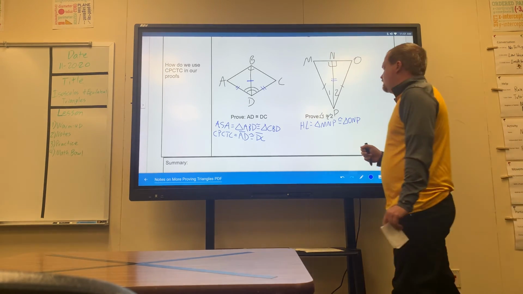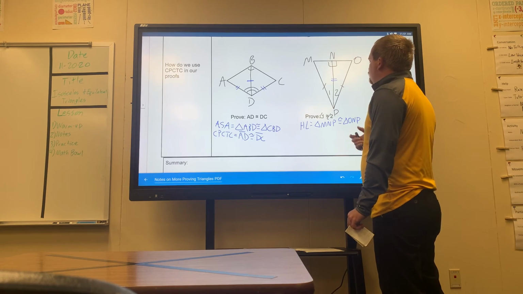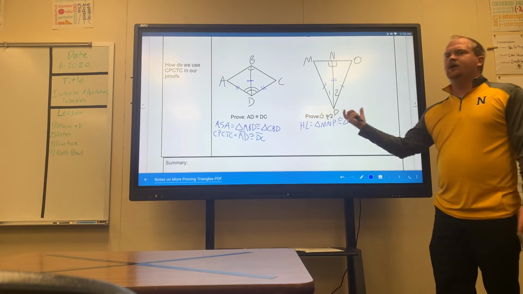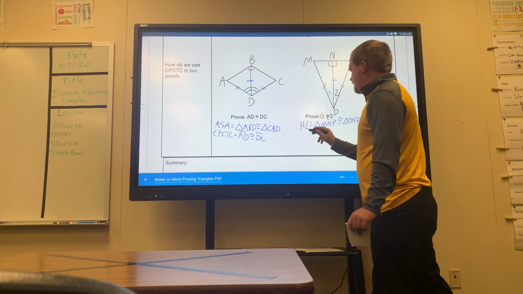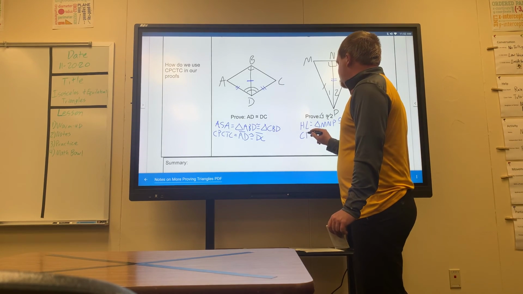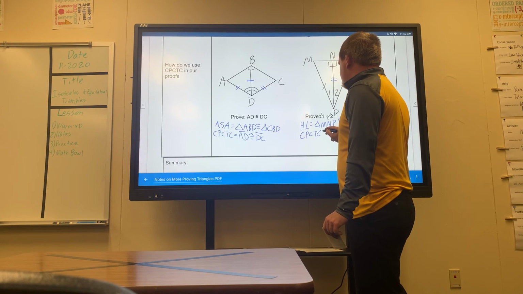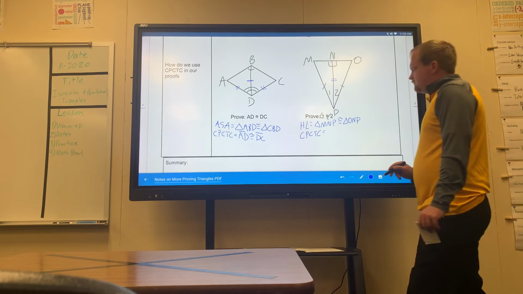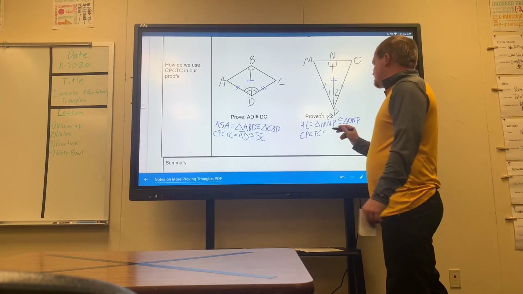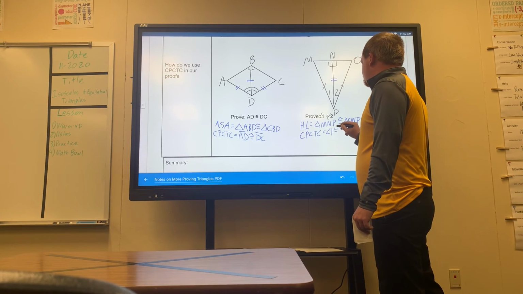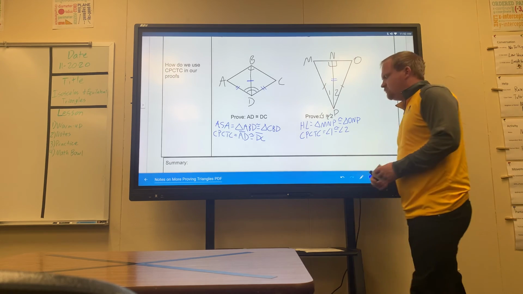Now, what we're trying to prove is angle 1 is congruent to angle 2. But I know that because of CPCTC. By using this, I can say angle 1 is congruent to angle 2.